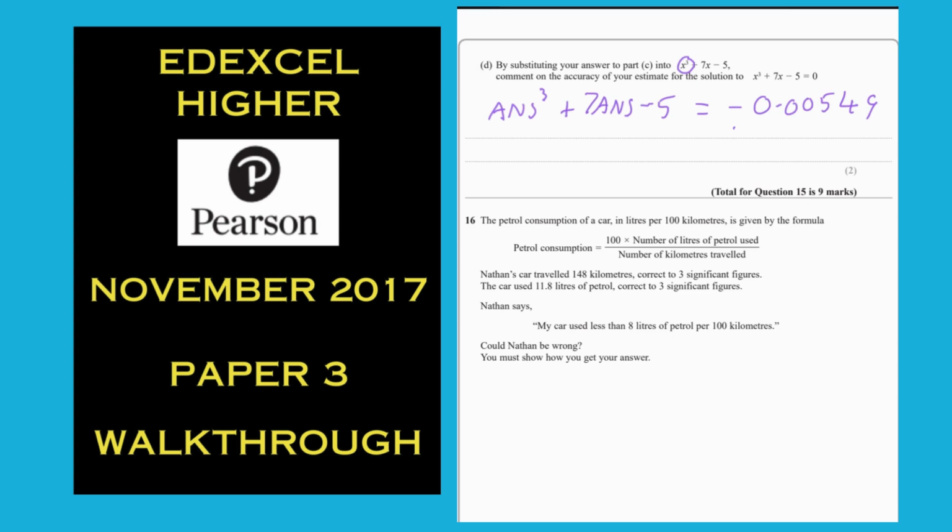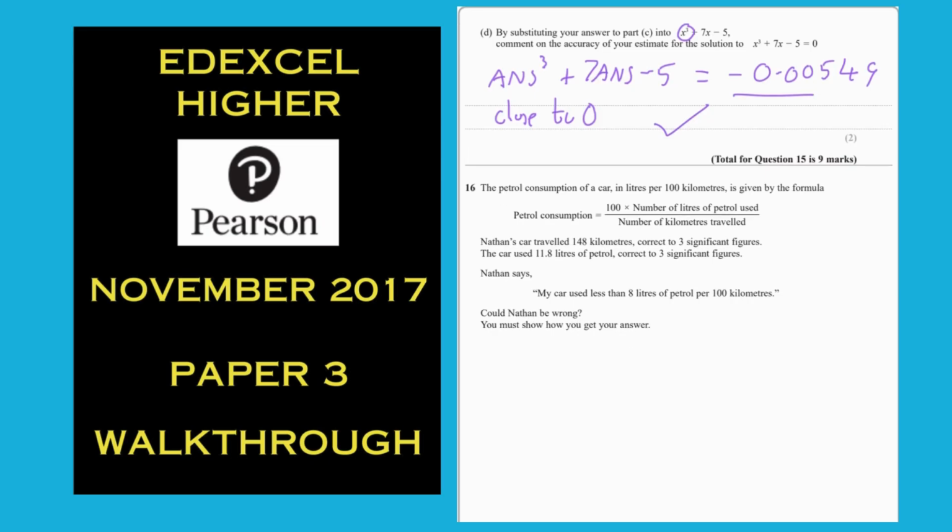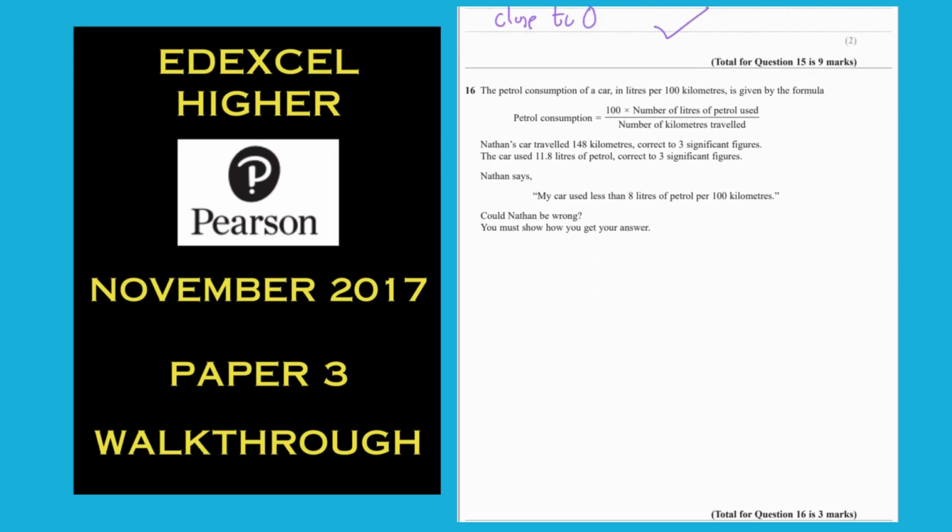Comment on the accuracy. As you can see, it's extremely close to 0. So comment on the accuracy. It's very close to 0, so it's a very good estimate. Just leave it at that.